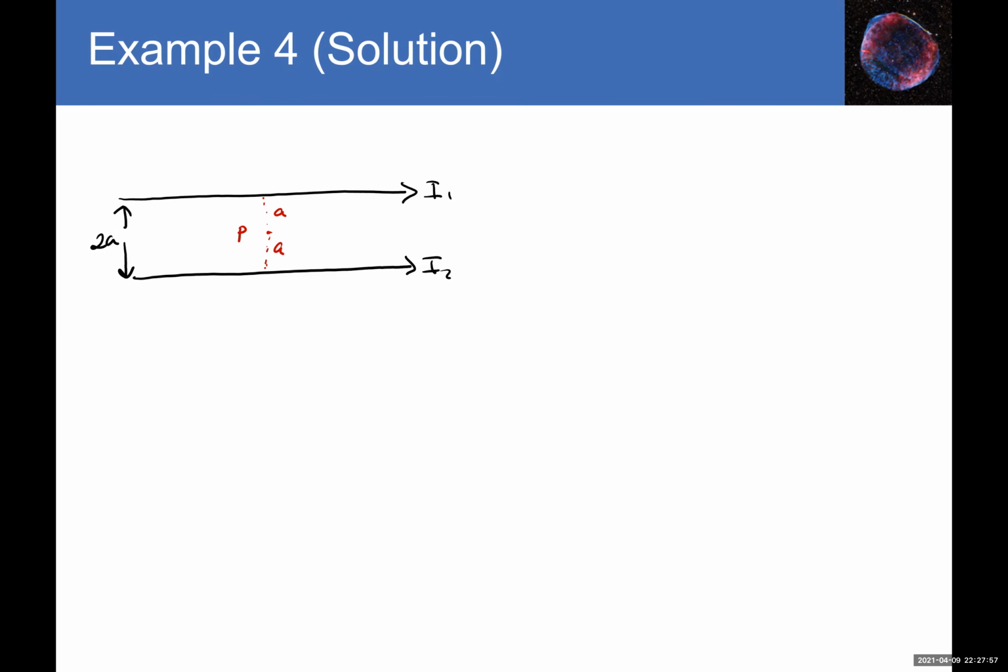Now the question is: is there a magnetic field at point P due to wire 1 and due to wire 2? And if there is more than one, can we calculate the net magnetic field? Let's start with wire 1. Wire 1 has current to the right. Using the right-hand rule, let's use this color for the magnetic field due to wire 1.